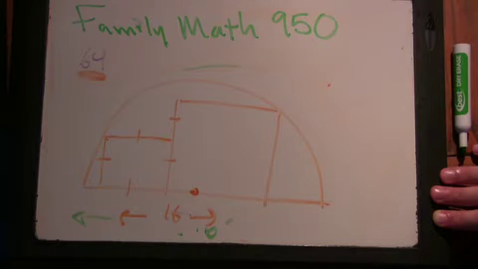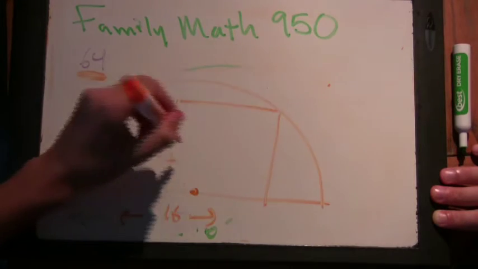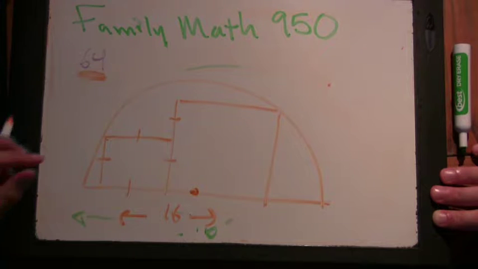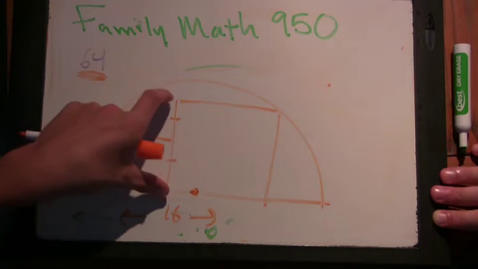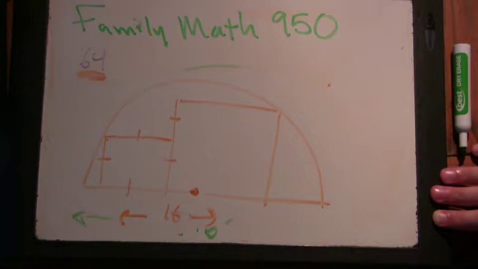It's like we don't know how far over the square is from here, so that's kind of the issue. Good point. Yeah, we don't know how far this has moved from the center. Okay. All right, good. So that's one unknown.